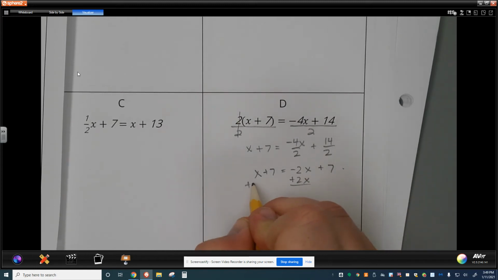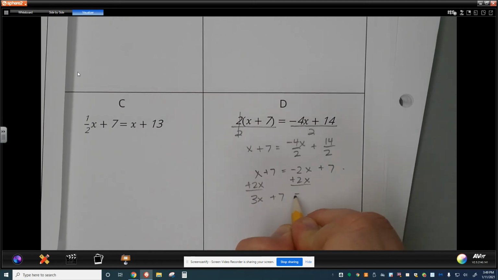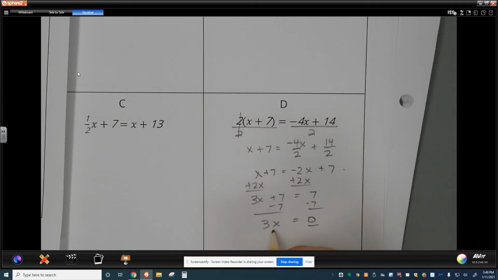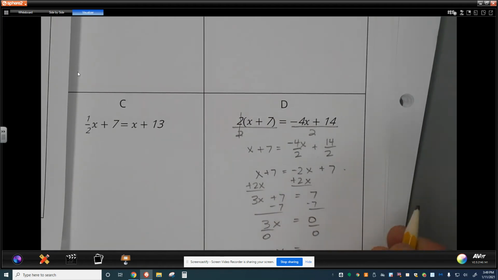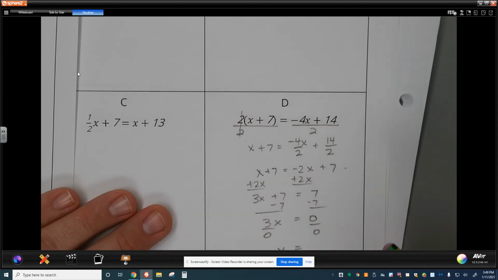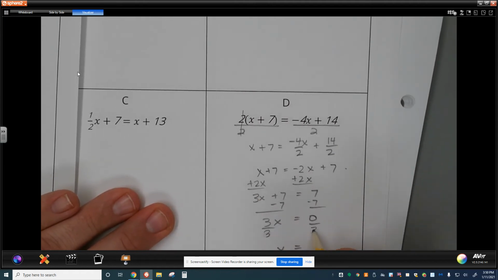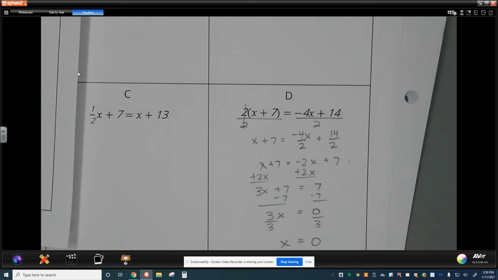Addition property of equality, and I get 3 times x plus 7 is equal to 7. Subtract the 7 from both expressions to give me 3 times x is equal to 0. Dividing by 3 on both expressions, x is equal to 0, and we know that that's true.